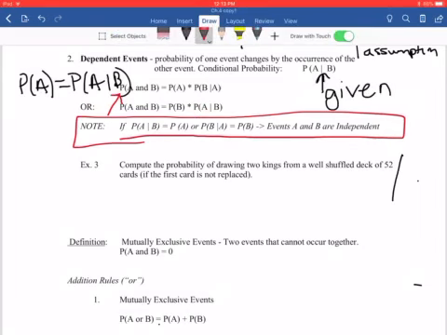This is how you would show if they're independent events, if the homework asks you to do that.